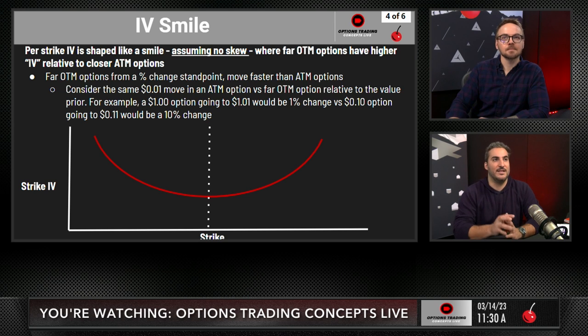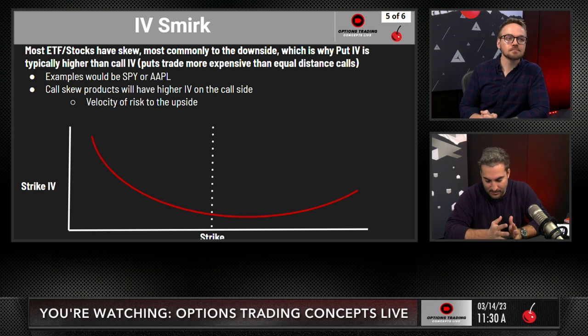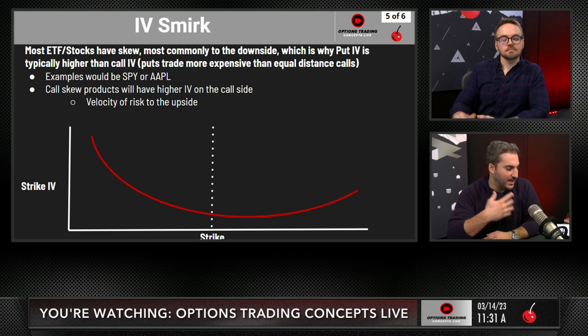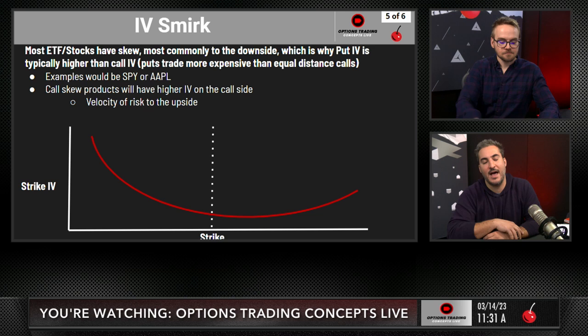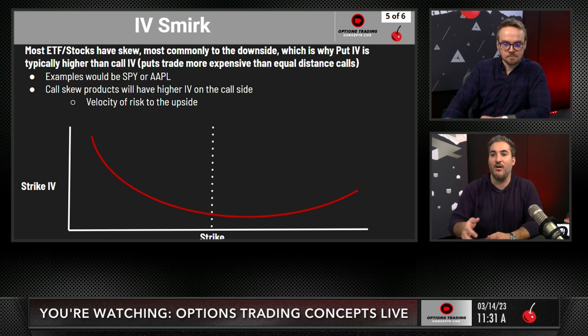All right, so jumping to the next one, which is what you'll see most of the time with implied volatility per strike when you're looking at an underlying, is the IV smirk. The smirk represents the priced in skew of downside risk, right? So we talk about generally markets in ETFs or something like Apple. The structure is kind of an escalator up and an elevator down, right?